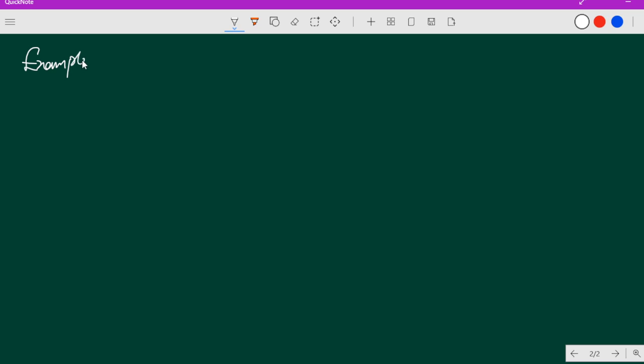Example 1 says: find f prime of x if f of x is equal to the square root of x squared plus 1.